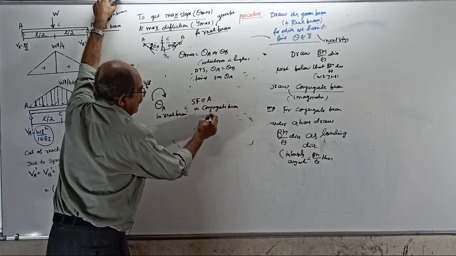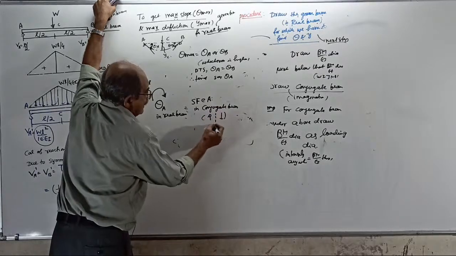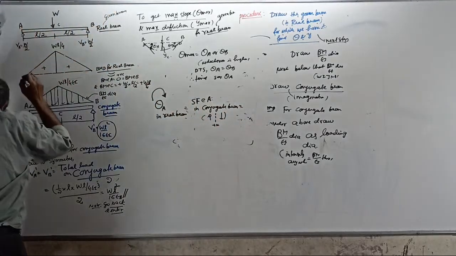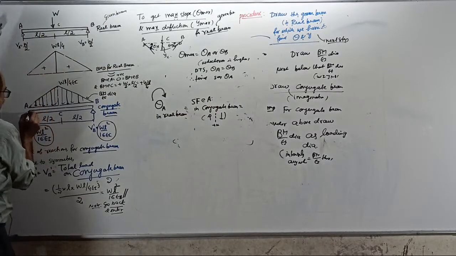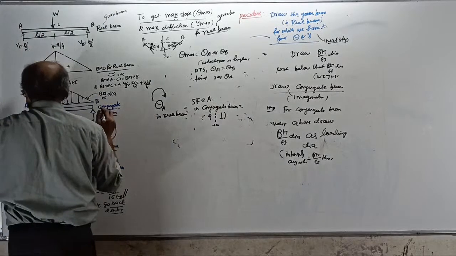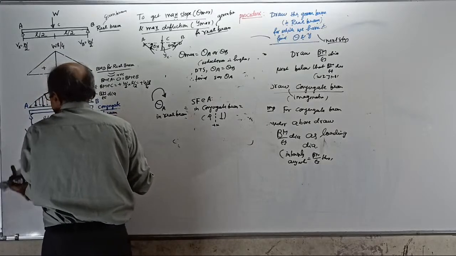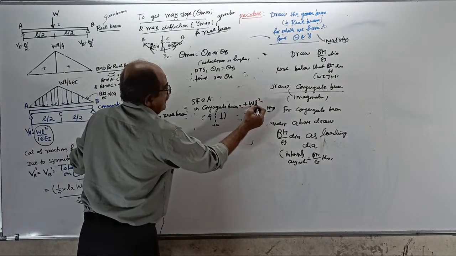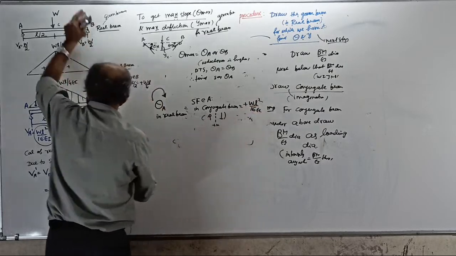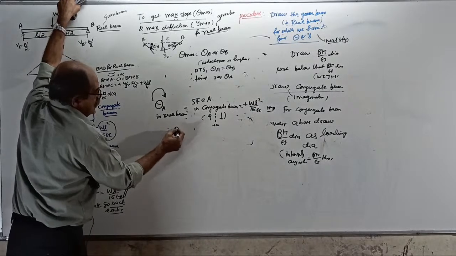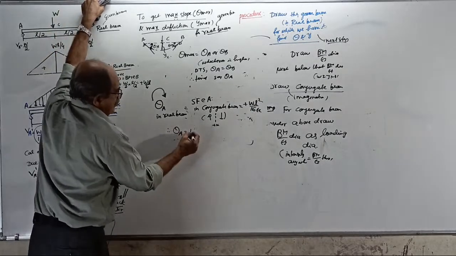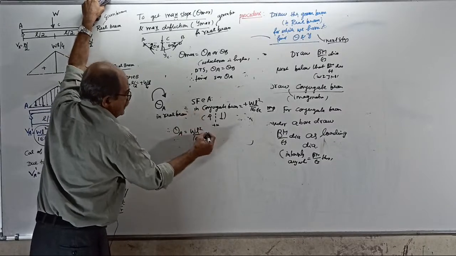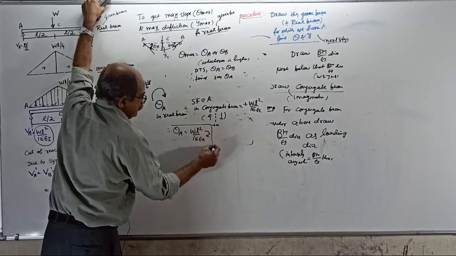Sign convention: left up, right down is positive. At A, slightly inside, the shear force is plus WL square by 16 EI. Therefore theta A equals WL square by 16 EI, plus means clockwise. That is the slope at A.